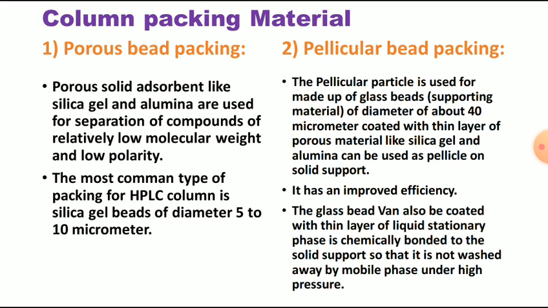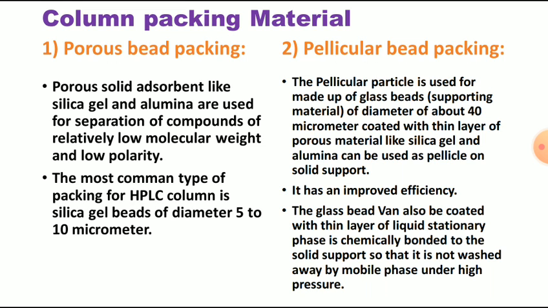The glass bead material coated with a thin layer for making the liquid stationary phase is chemically bonded, so we cannot wash it away easily with the mobile phase under high pressure. So this is the pellicular material, by using which we can make the stationary phase in the HPLC column.